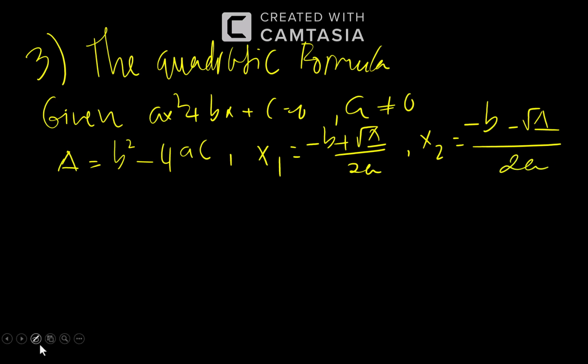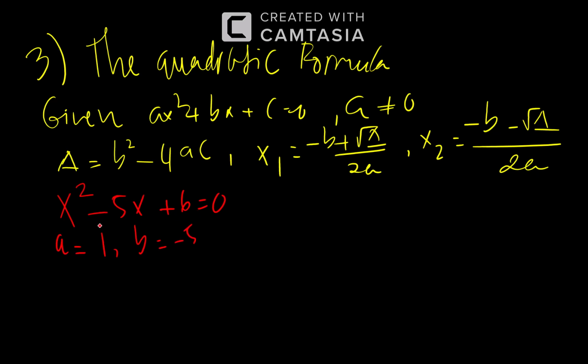Now let's solve this equation. Our equation is x squared minus 5x plus 6. Recognize the value of a, the coefficient of x squared, equal to 1, and b, the coefficient of x, equal to negative 5. If you see a negative sign, you put a negative sign here.